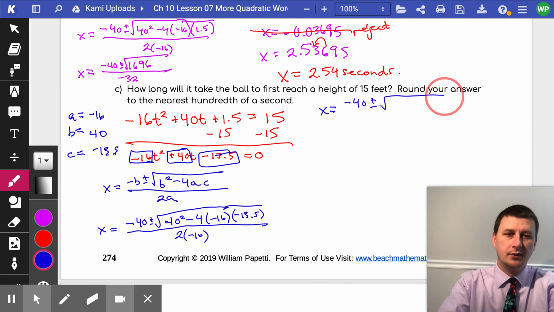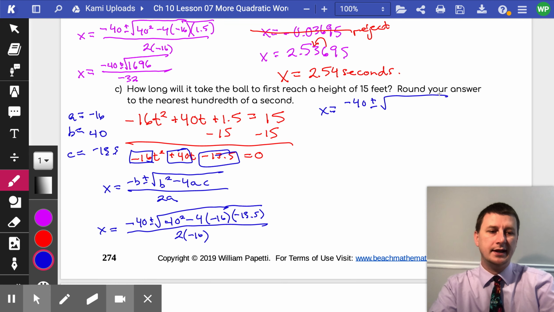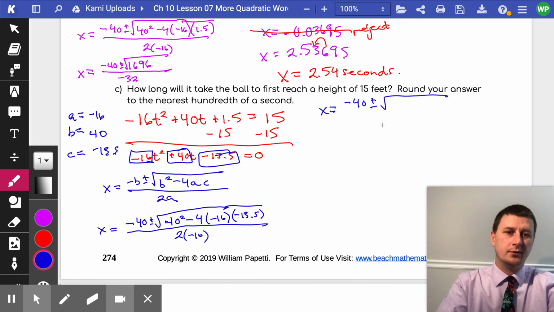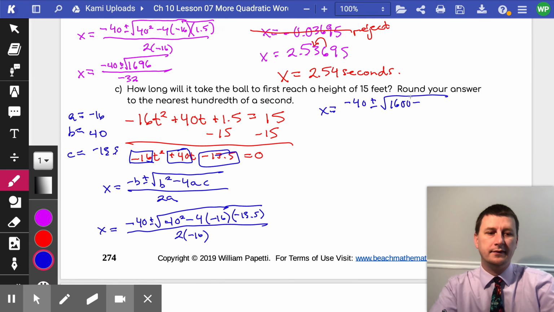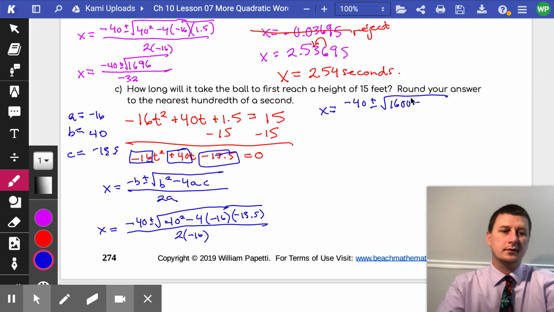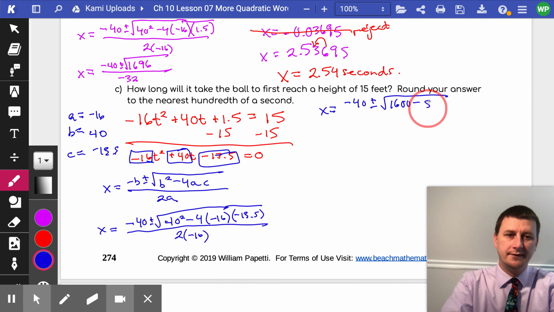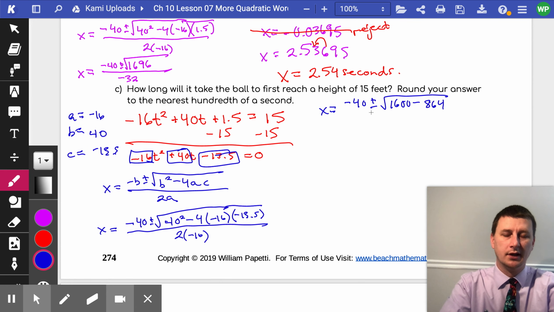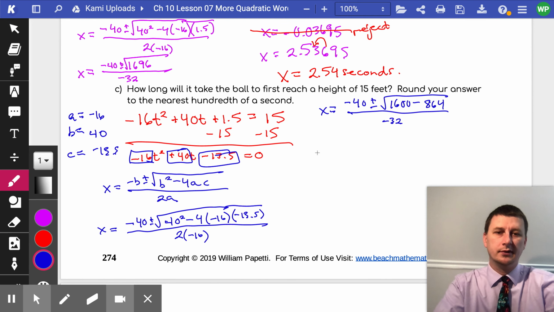So let's see what we're going to have simplified inside there. I have 40 squared, which I know is going to be 1600, minus, and then I want to do 4 times negative 16 times negative 13.5. Right there, I'm going to get positive 864. And divide that by 2 times negative 16, which is negative 32.